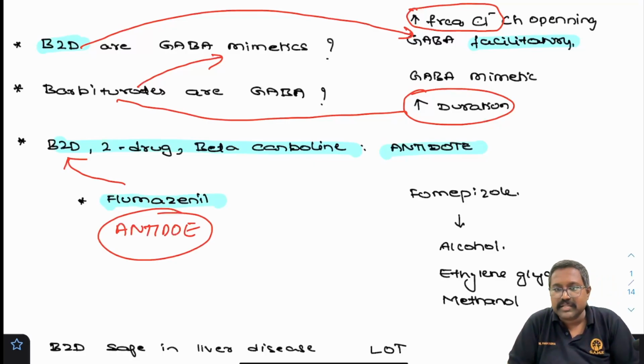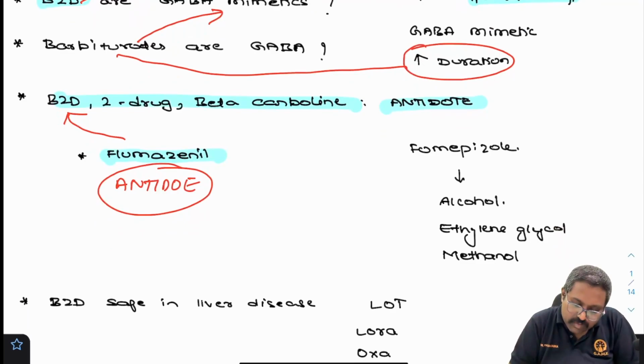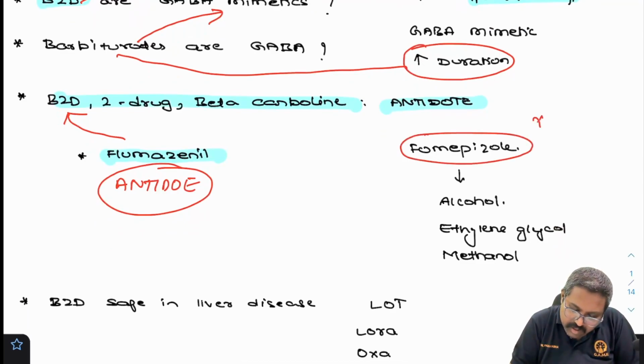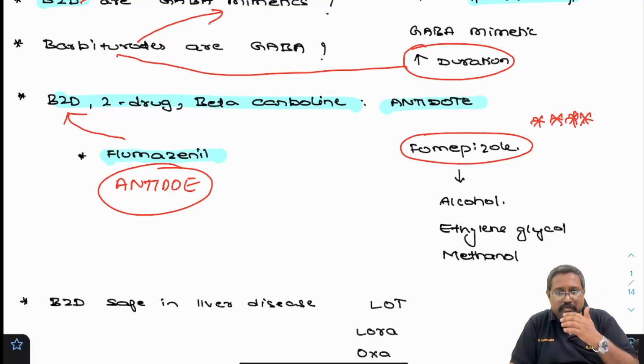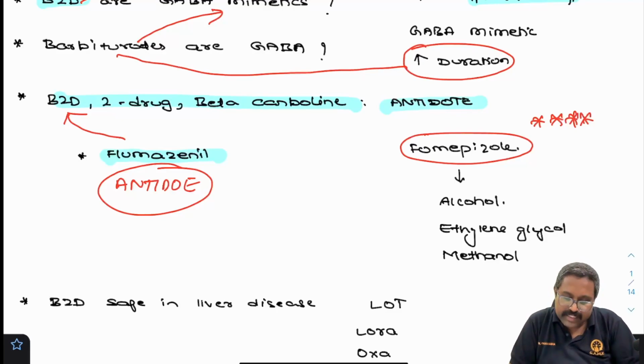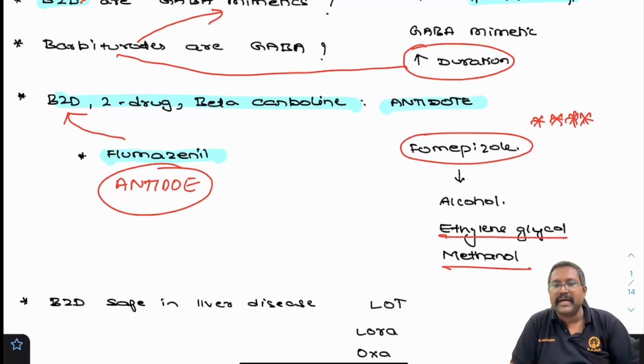How do you treat barbiturates? Barbiturate poisoning, the symptomatic treatment. So please do not confuse. There is one more drug, that is fomepizole. Fomepizole, please remember, it is an alcohol dehydrogenase inhibitor. Basically, it is used for treatment of ethylene glycol as well as methanol poisoning. Is that clear? Okay.